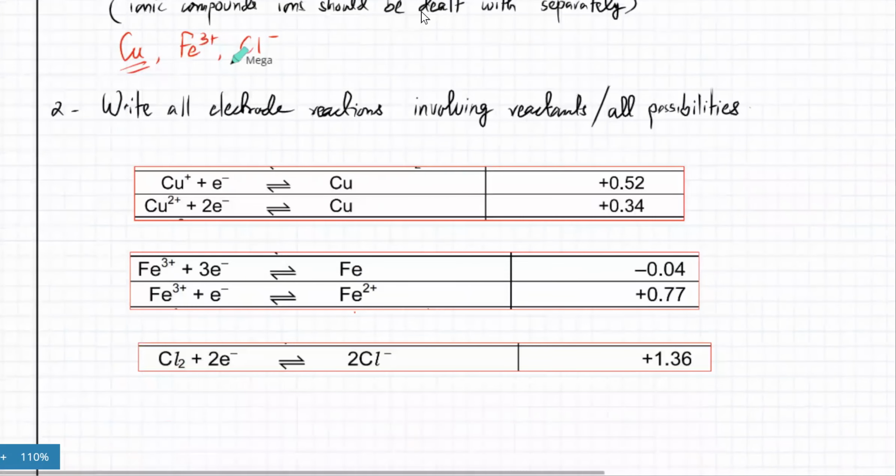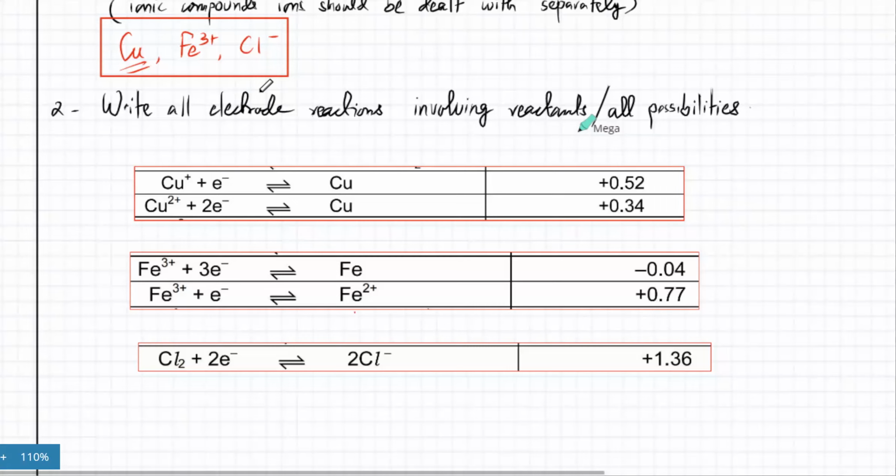Remember, the focus is on my reactants. Something is going to happen to my reactants. Someone is going to gain electrons and someone is going to lose electrons. And I've written down all possible electrode reactions. Although you don't have to actually copy them again because the table would be given for you. So you can just mark the equations in the table. Okay? So that will save you time because the table would always be there for you.